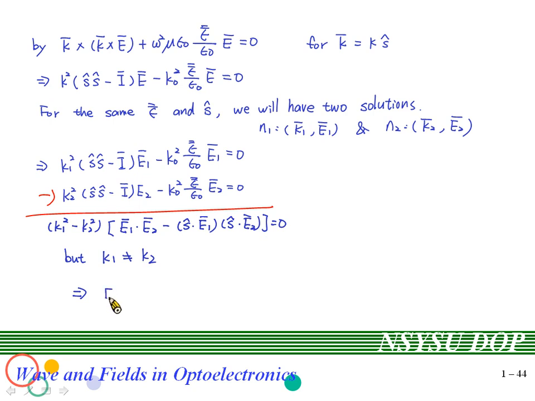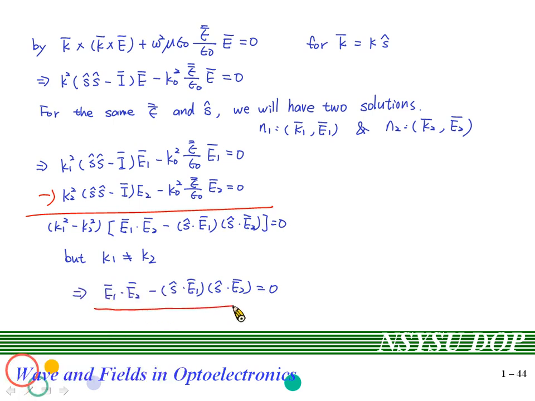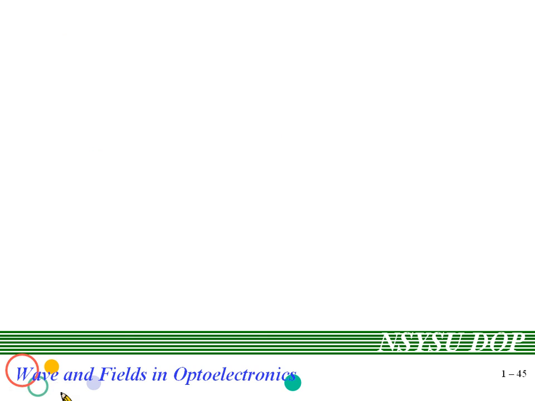So we can then obtain the condition of the two solutions that E1 dot E2 minus S hat dot E1 times S hat dot E2 will be 0. Okay, so in the following slide, I will use this condition to prove the orthogonality of the eigenmodes. Let us go back to the expression of the D field.